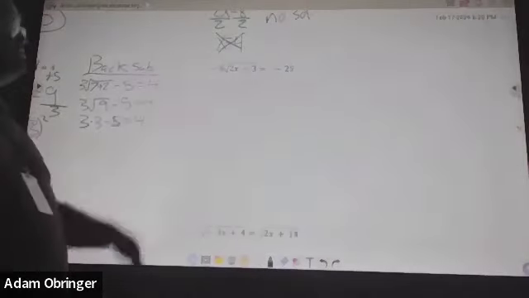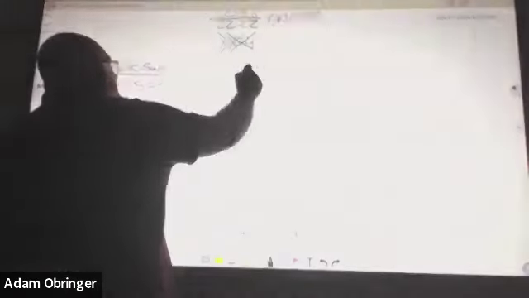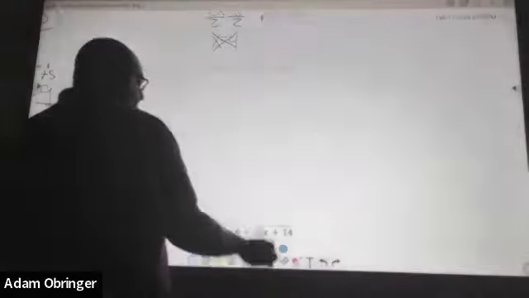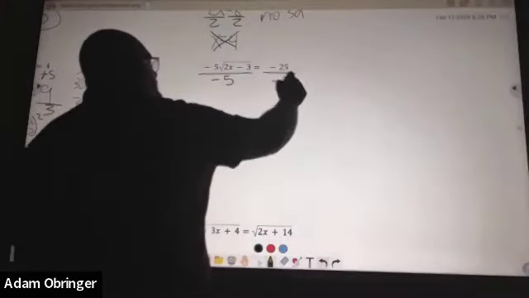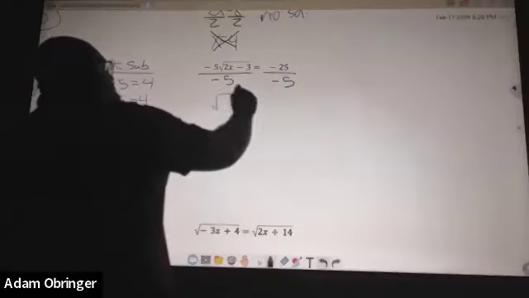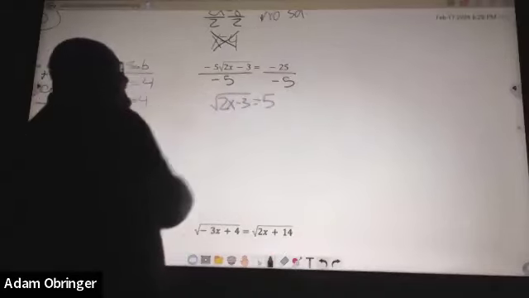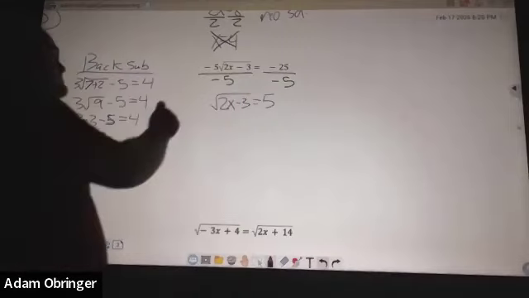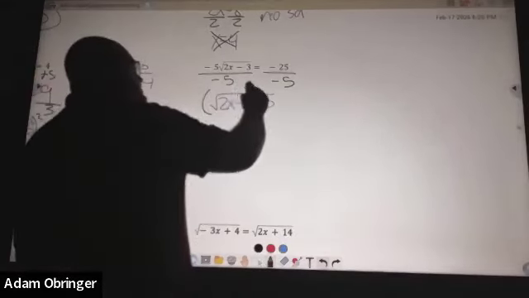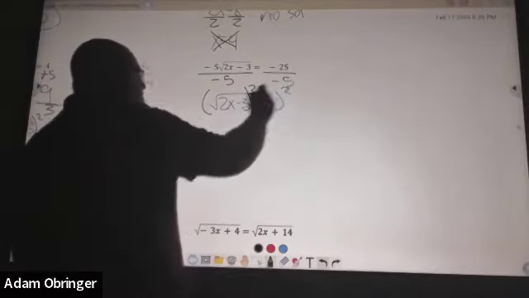Negative 5 square root 2x minus 3 equals negative 25. We will start by dividing both sides by negative 5. So that square root 2x minus 3 equals 5. To cancel the square root, we are going to do a parentheses with a square, and we will repeat that for the other side as well.